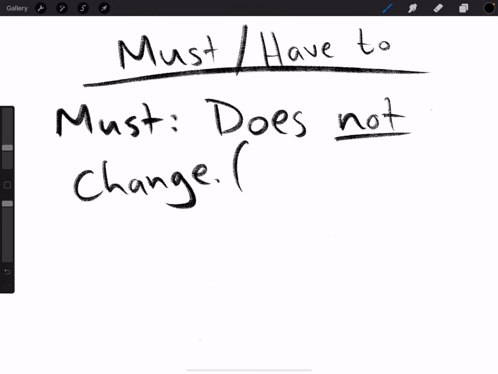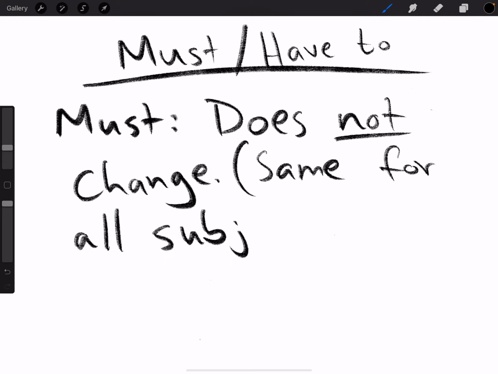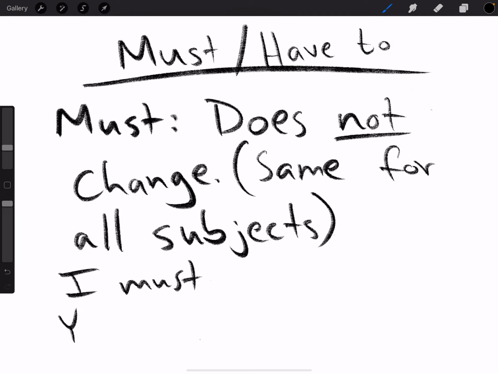So that means it's the same for all subjects. Okay? It's the same for all subjects. So that means we have, for example, I must, you must, he must, etc.